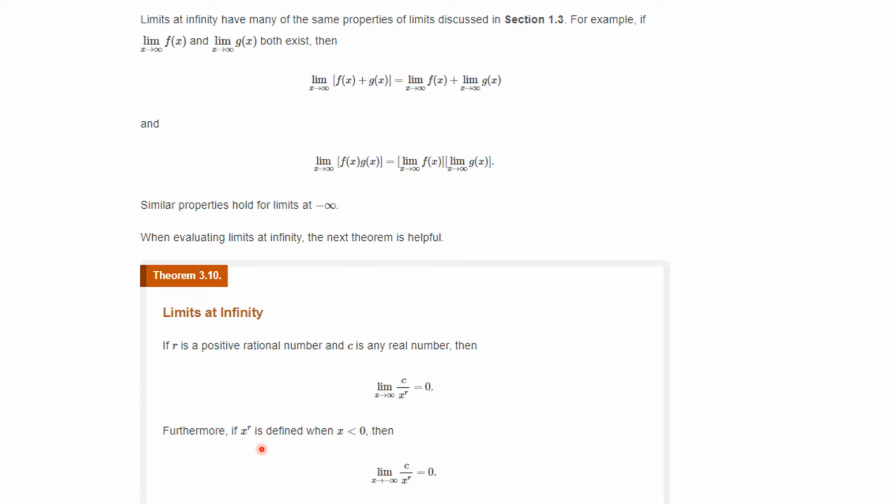Furthermore, if x to the r is defined when x is less than 0, and that really depends on what r is, because you can be taking square roots of numbers. But if it's defined, then it is also true that the limit as x tends to minus infinity of c over x to the r is equal to 0. So if we're bottom heavy, we go to 0.